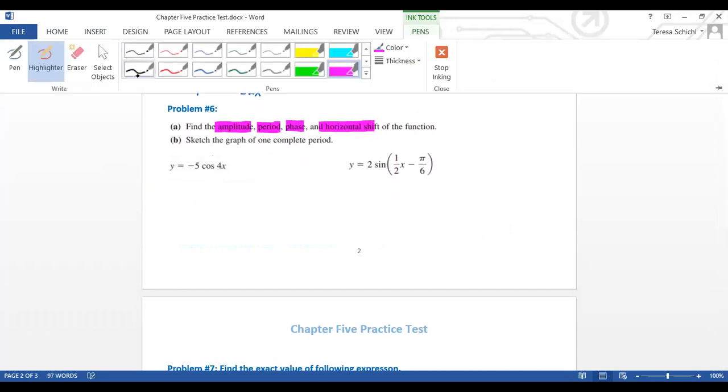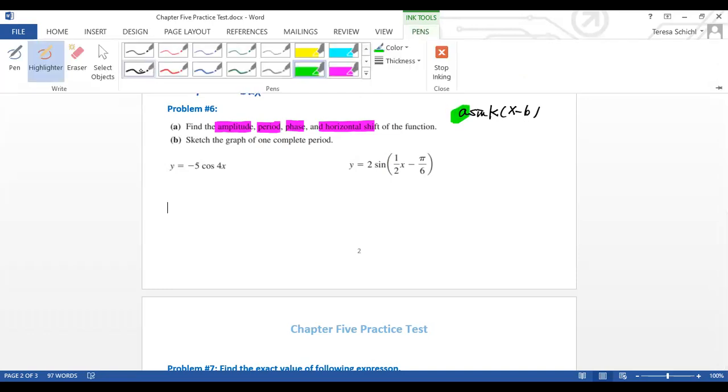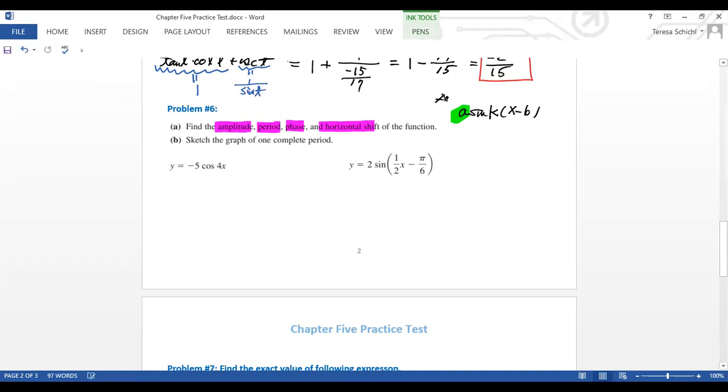Okay, let me write down the formula so we can see. Remember that we have A sine or cosine, doesn't matter, k times (x minus b), right? So what is this A here? This is the amplitude, the absolute value of it.